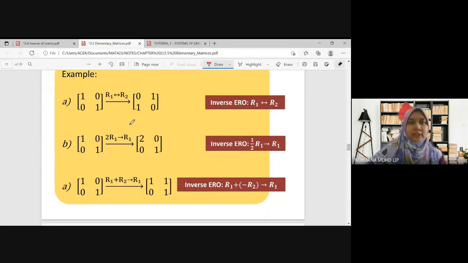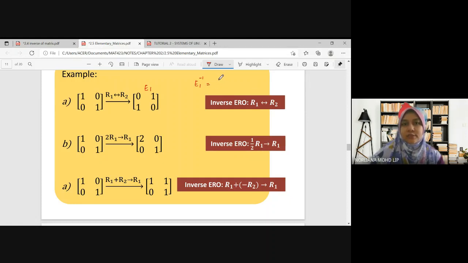Contohnya tadi lah. If ni elementary matrix. Ni E1 kan. Contoh E1. Okay, use operation ni row 1 interchange with row 2. So the inverse of E1 sama dengan operation yang sama.